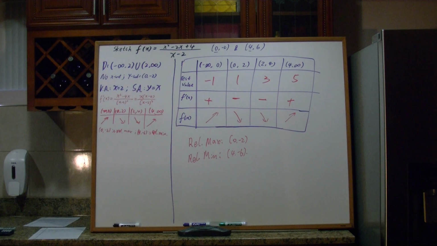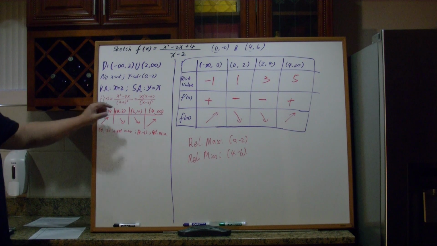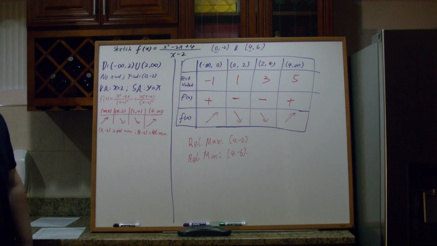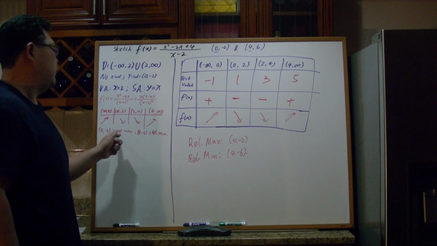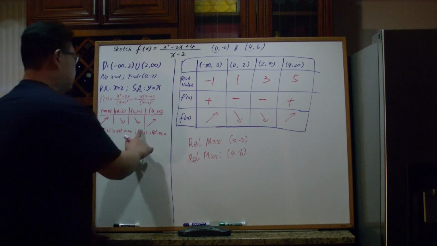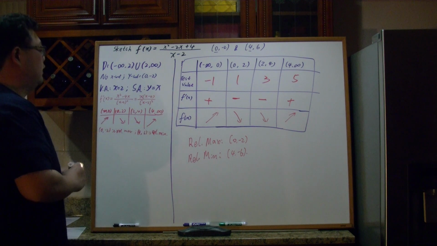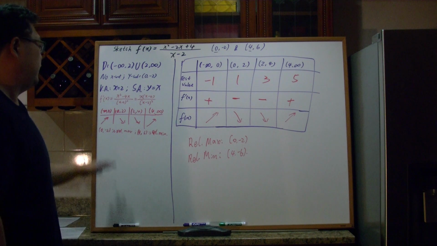Right, so the table of first derivative with the increasing, decreasing interval are clear, and the points are also fine. Right, if you want to say the point 0, negative 2, the point 4, negative 6, to be the relative maximum and relative minimum, you're also fine.